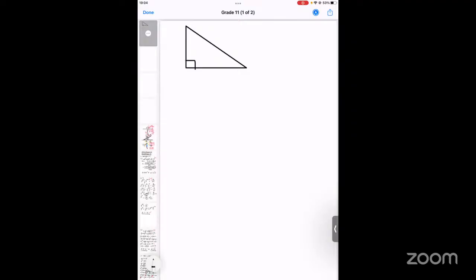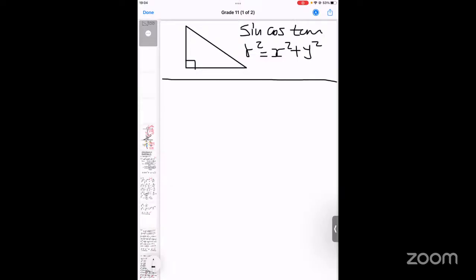All that has to do with this type of triangle, you will need to use the trigonometric ratios being sine, cos, tan. It doesn't end there. We also use the theorem of Pythagoras, having that formula.